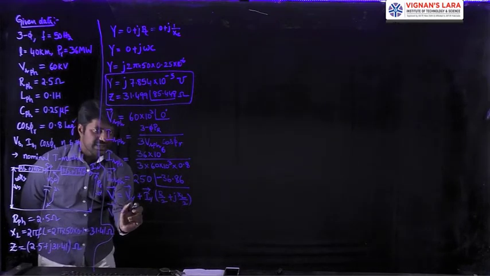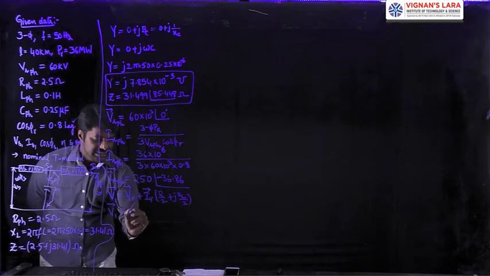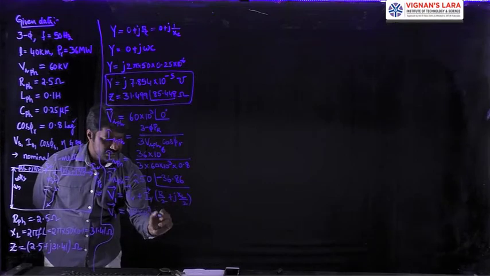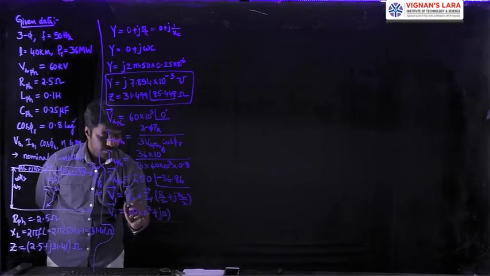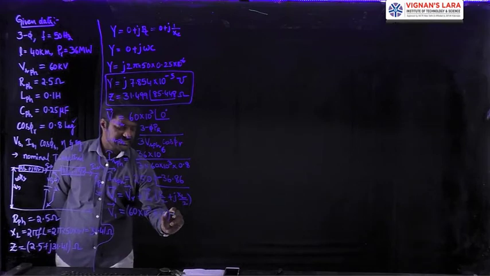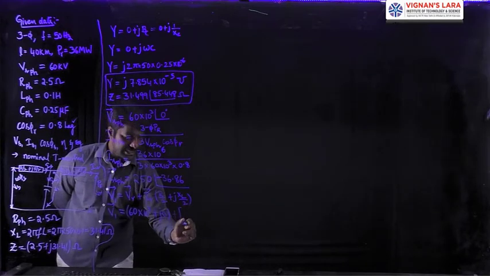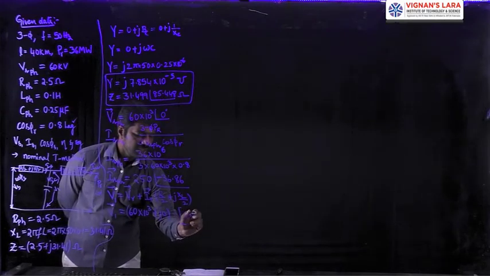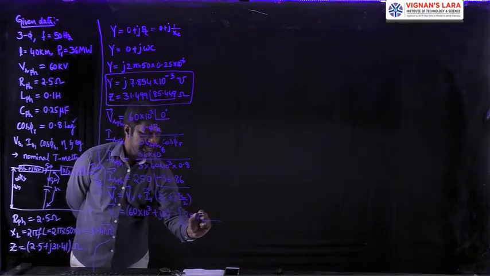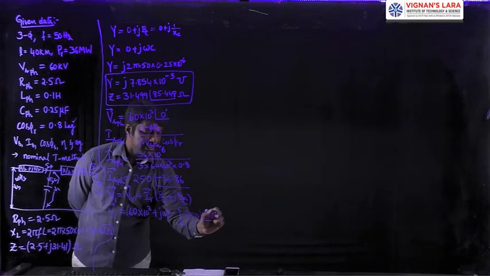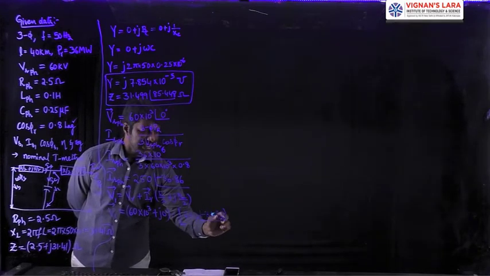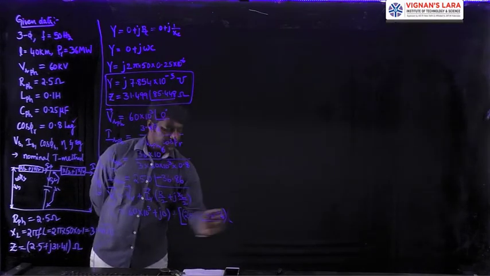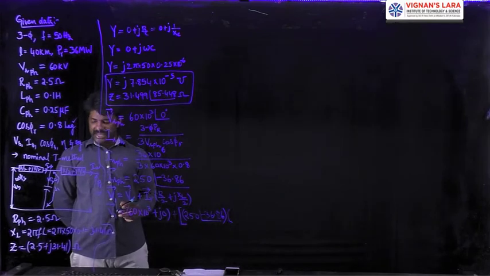What is that reference value? 60 kV, 60 into 10 power 3 plus j0, plus IR. What is IR? IR is a lagging current, 250 at an angle of minus 36.86. This is current IR, which should be multiplied with Z by 2, called R by 2 plus j XL by 2.